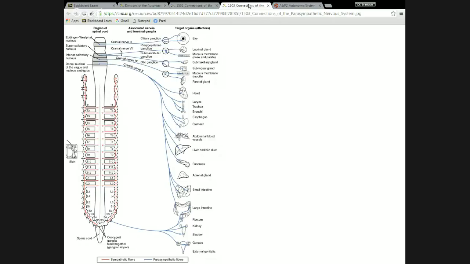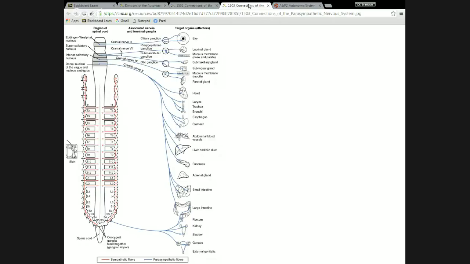The pterygopalatine ganglion, which goes to the lacrimal gland and mucous membranes. And then the otic ganglion, and this one isn't labeled, I can't remember what it's called, but those ganglia there are near the target organs, but we can see them easily as being physically separate from the organs.